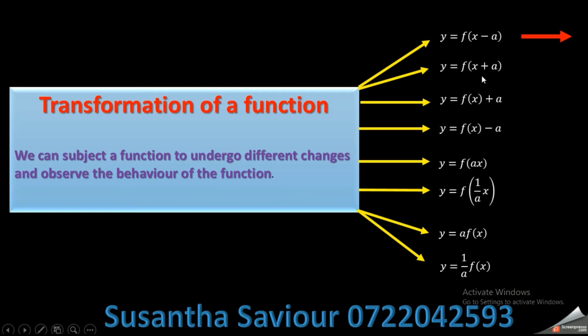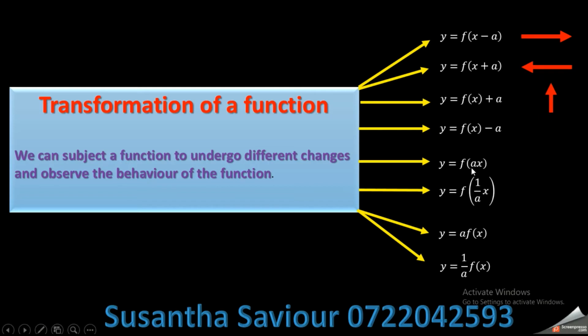And then here the graph will be moving to the left hand side, negative x direction by a points. Here the graph will be moved by a points along the positive y direction, and here minus a, opposite of this, that is the graph will be moved down by a points.